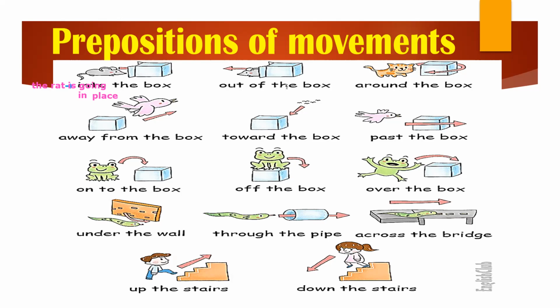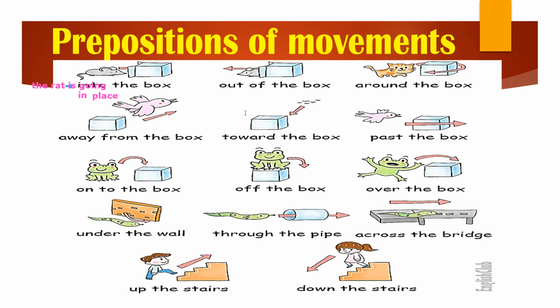Out of the box. Now the rat is in the box and it's changing its place. It's moving to change its place from inside the box to outside the box. So we're gonna say the rat is going out of the box. The rat is walking, running, jumping out of the box.